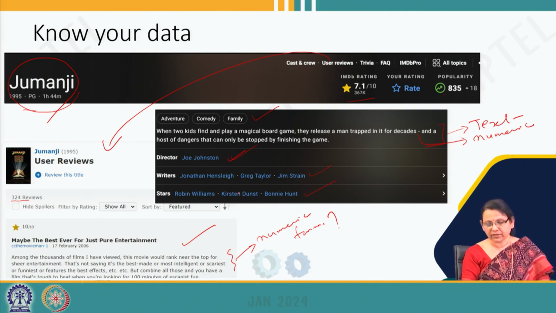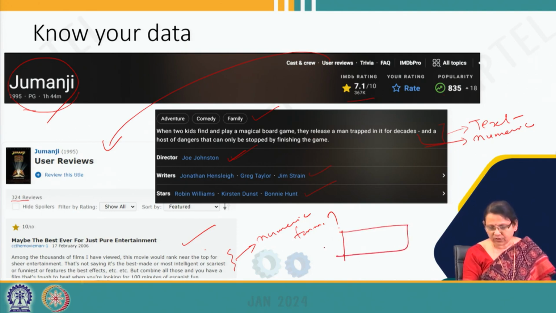But there are certain features which are supposed to be extracted from this text data. This is one, this is one. So, we have to have adequate procedures to convert text data to numeric form. So, one form could be you can have some kind of matrix in which you have the movie along with the explicit features like genre, etc. You also have a few more values corresponding to this text data.